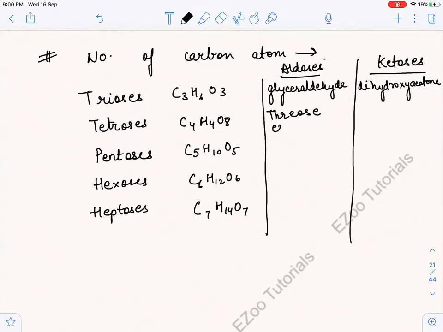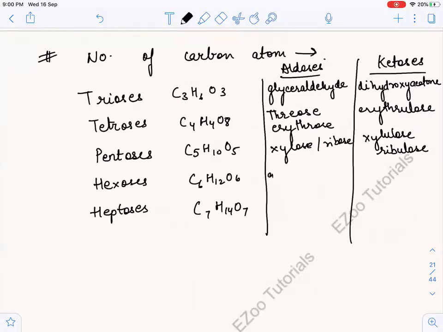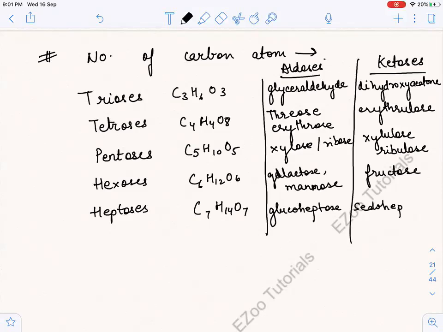Threose and erythrose, erythrulose, and xylose, ribose, and here can be xylulose and ribulose and galactose, mannose, and obviously glucose, fructose, and glucoheptose, and pseudoheptulose.